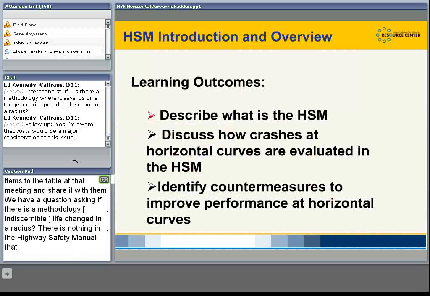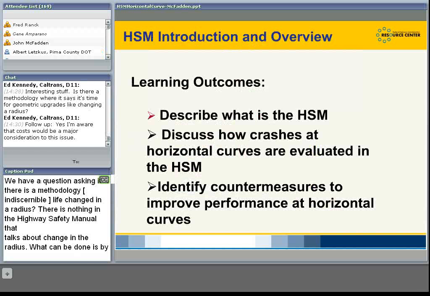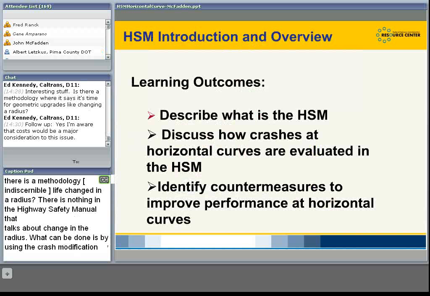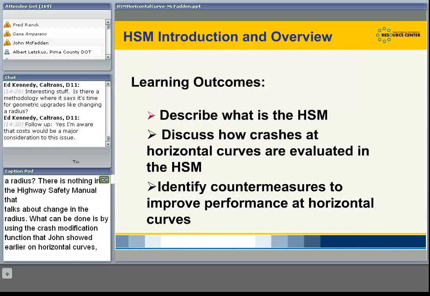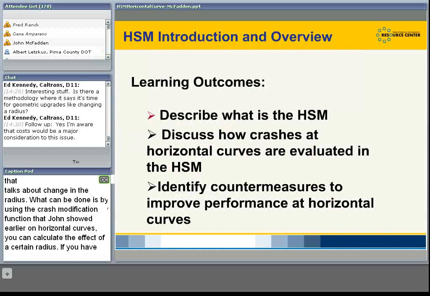And so things like this that show up in the chat pod asking why a certain CMF, or if there is a certain CMF for a certain application, we are recording that, and there is a TRB committee, the one on the safety performance of the Highway Safety Manual, that's meeting in August, and we're going to bring some of these items to the table at that meeting and share them with them.